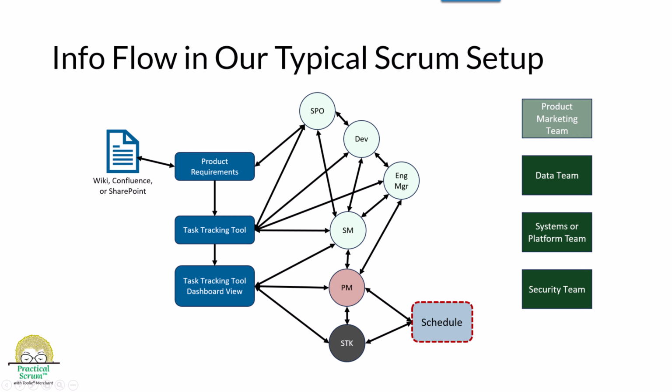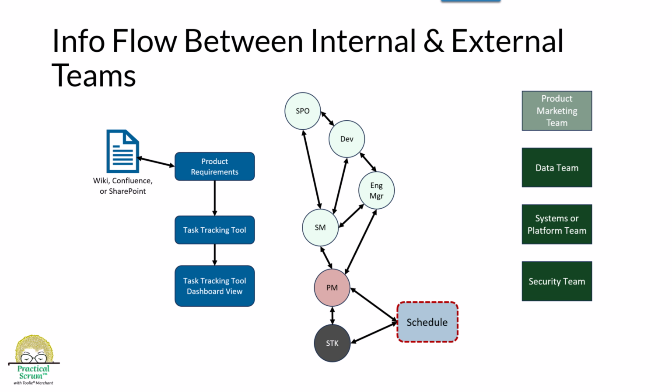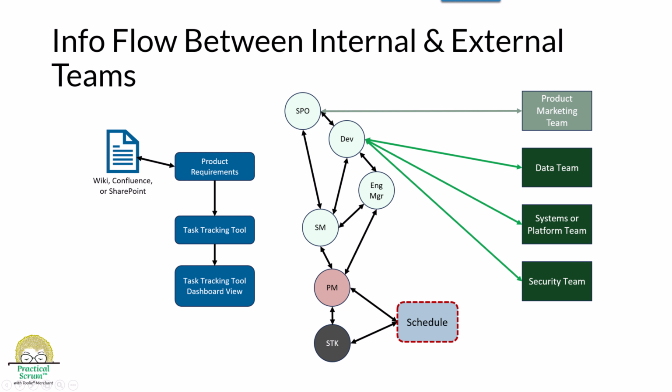So maybe we have the immediate team's needs covered, but what about the peripheral teams? These could be teams within the company or services upon which you depend to host or support your product. Well, the Scrum product owner will likely be the only one talking to the product marketing team, so that one's easy. The data team, the systems or platform team, and the security teams will probably want to bypass any gatekeepers and go straight to the dev team for accurate information.